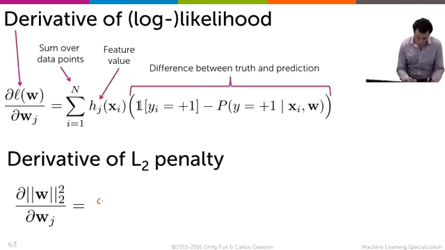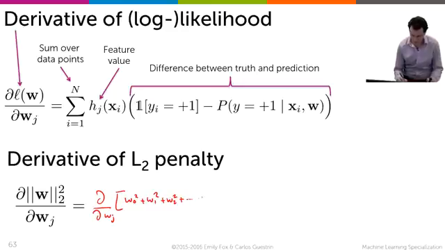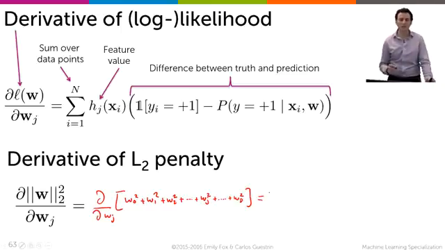So in other words, what's the partial derivative with respect to some parameter Wj of W0 squared plus W1 squared plus W2 squared plus and so on, plus Wj squared plus and so on, plus Wd squared. Now if you look at all of these terms, W0 squared, W1 squared, all those don't play any role in the derivative. The only thing that plays a role is Wj squared.